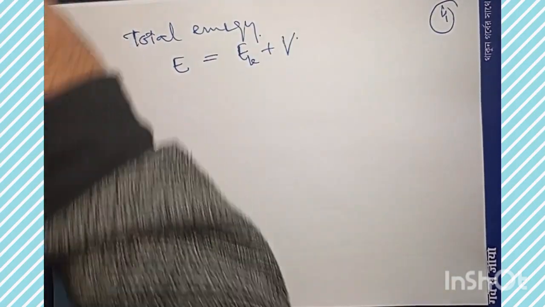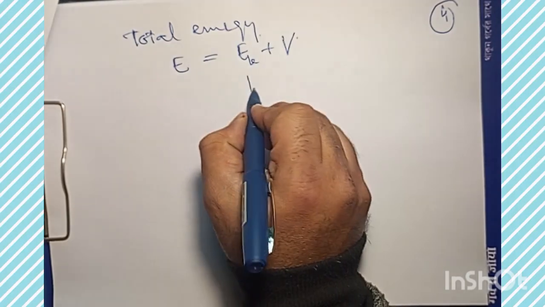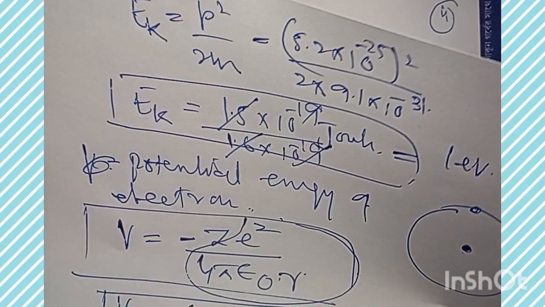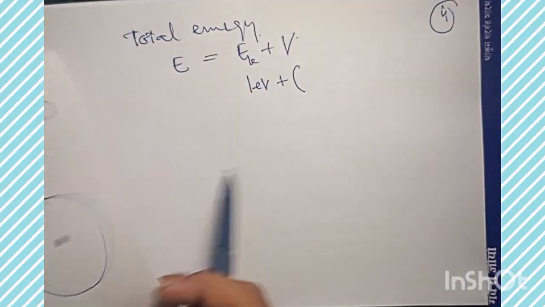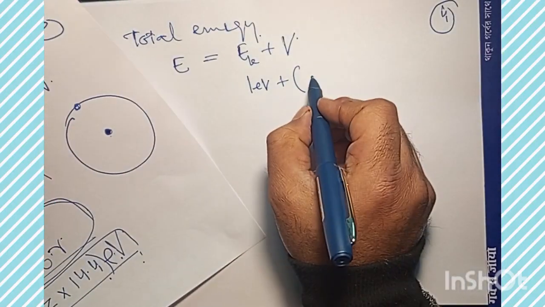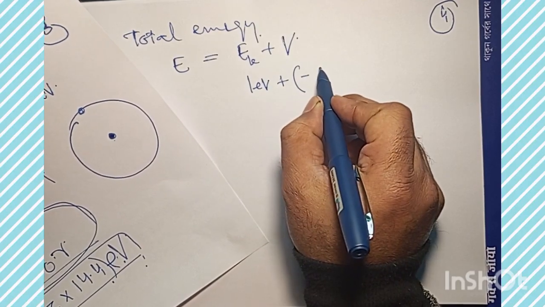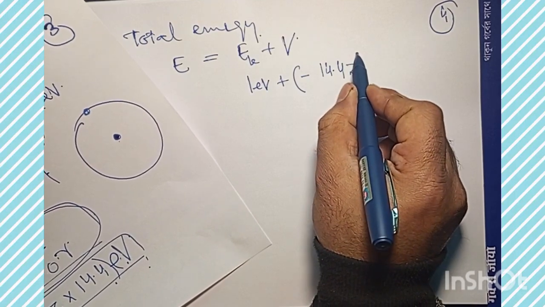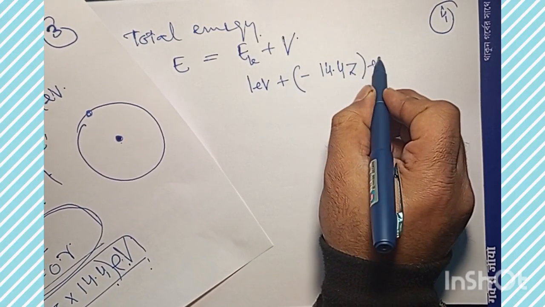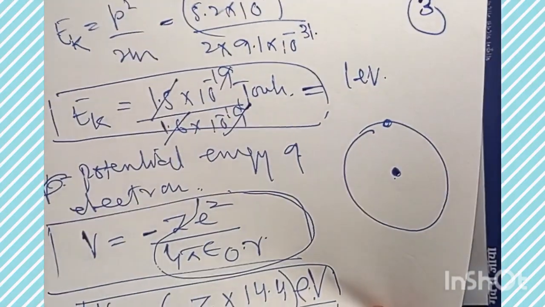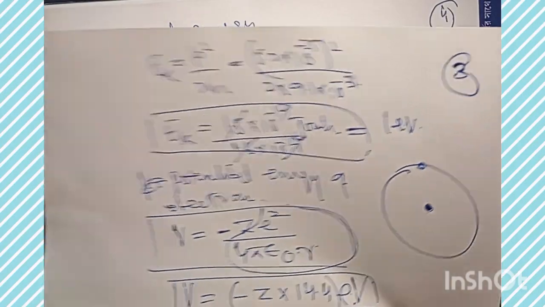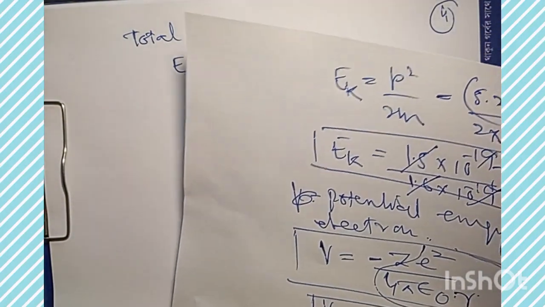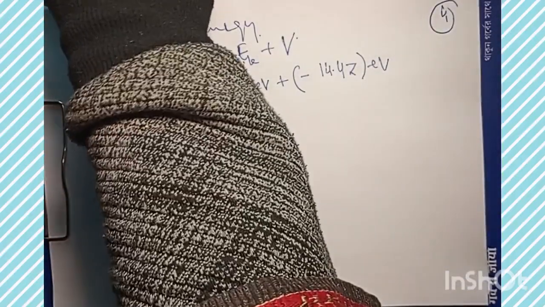What we have is this EK is 1 electron volt, plus the potential, which is minus 14.4 Z electron volts. Is it 14? Yes, it is 14.4 electron volts.